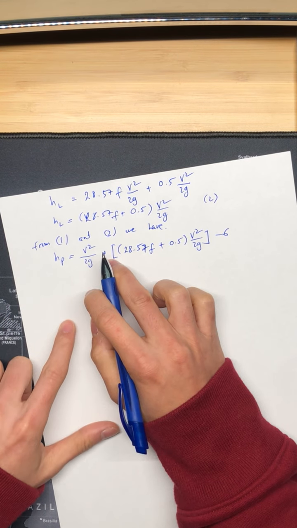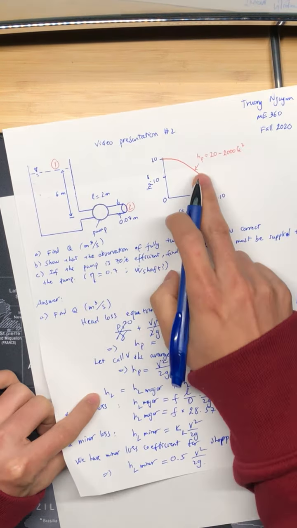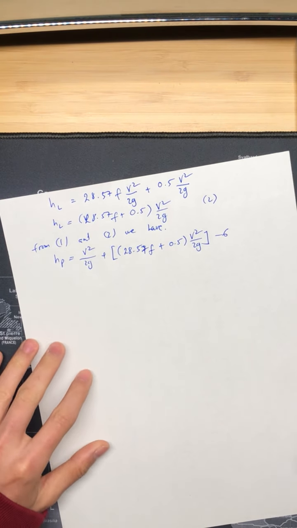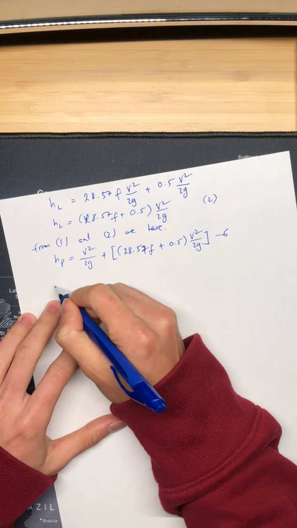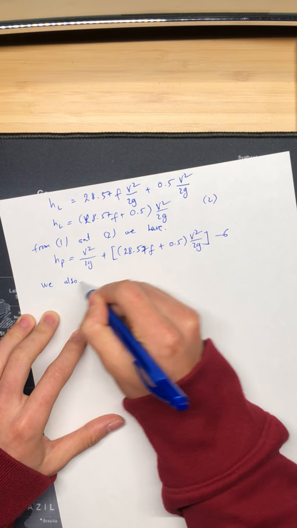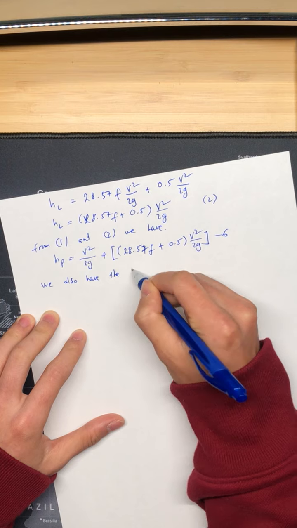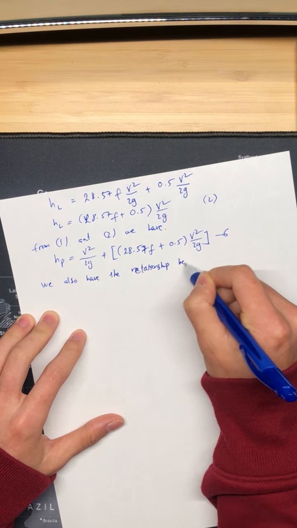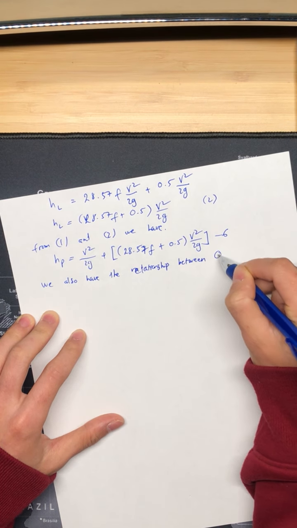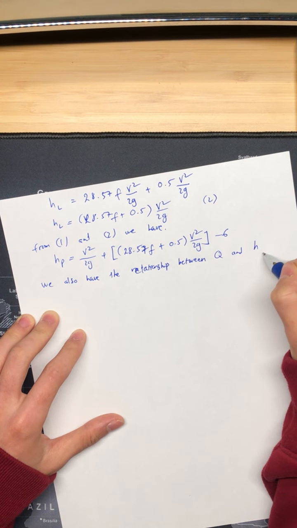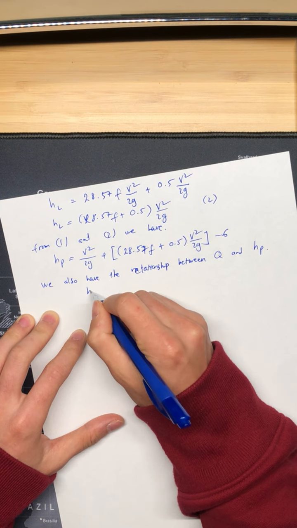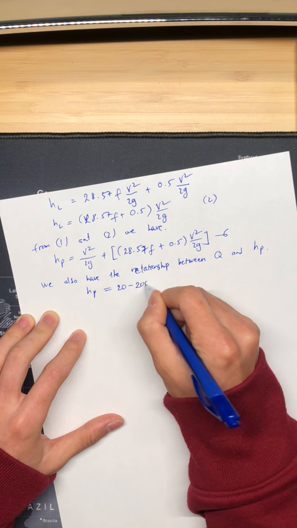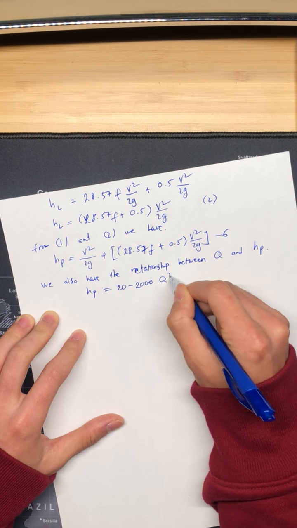And also we have the relationship right here, so let's use that one. The relationship between flow rate and pump head: HP equals 20 minus 2000 Q squared.